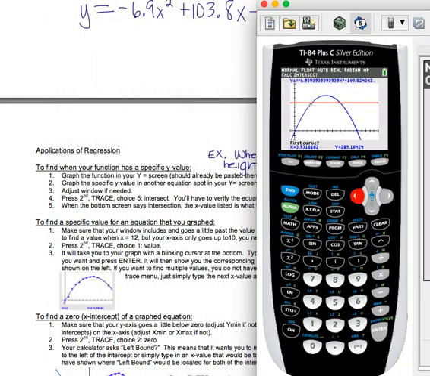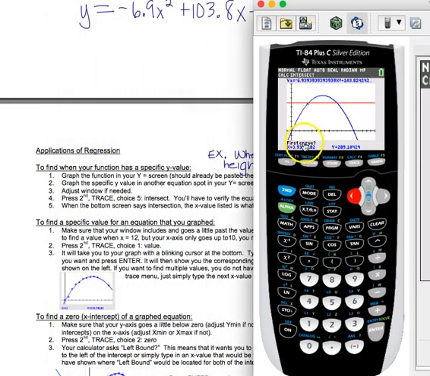I've got my little cursor close to the intersection, and then I'm going to press enter. Yes, that's my first equation. Yes, in red, that is my second equation. And yes, I want my calculator to guess, and it's going to spit out the answer. What I want here is the x value only. I don't want an ordered pair because I'm answering a question that is when.